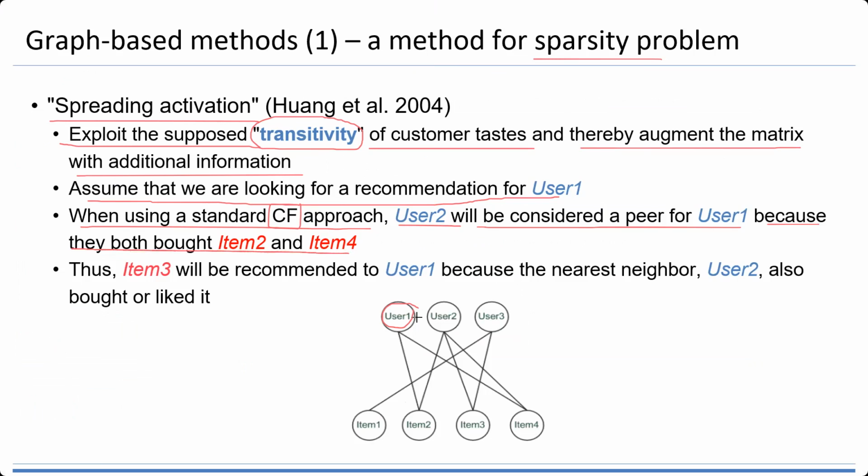Let's see. Using this graph, user 1 has a line to item 2 and a line to item 4. So I know that user 1 has bought item 2 and item 4. What about user 2?